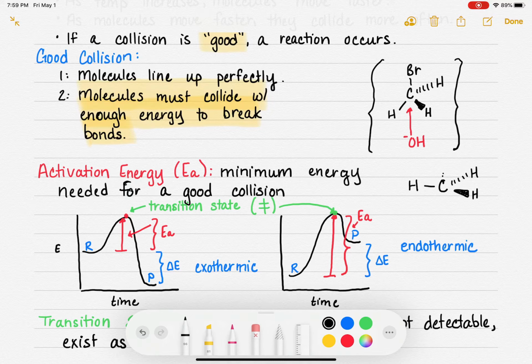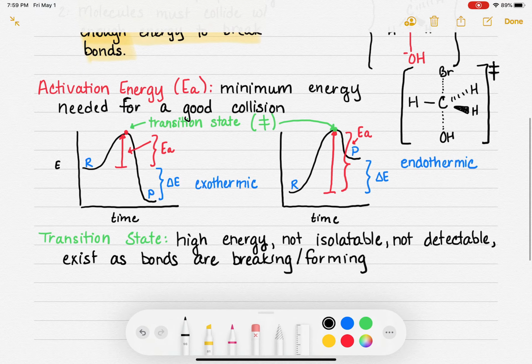And the carbon-bromine bond is breaking while the carbon-oxygen bond is being formed. So it looks for a little while like this carbon atom has 5 bonds on it, which it doesn't. It has 3 real bonds and then a bond that's breaking and another bond that's being made. Putting it in square brackets and putting the symbol for transition state up in the corner is pretty standard notation to indicate what we think the structure looks like as the molecule moves from reactant to product.